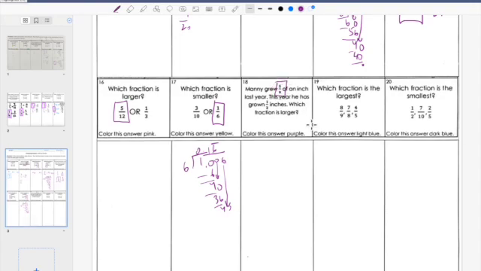Which fraction is the largest? 8/9, 7/8, or 4/5? All of these have a difference of 1.